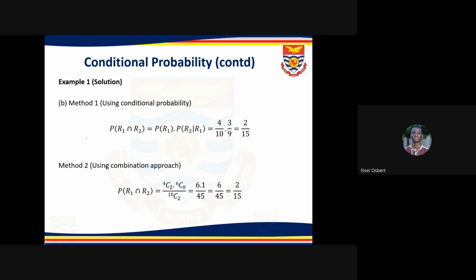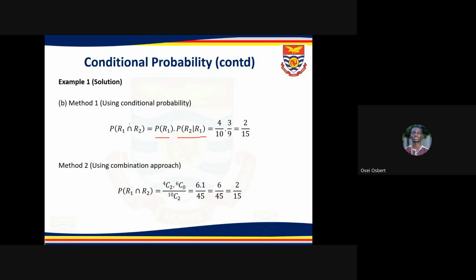That is the second chance for drawing red. So this means the probability of the first ball being red, and the probability of the second ball being red. That means the probability of R1 and the probability of R2, given that R1 has already occurred.